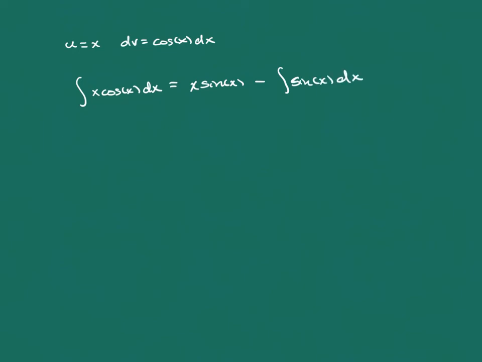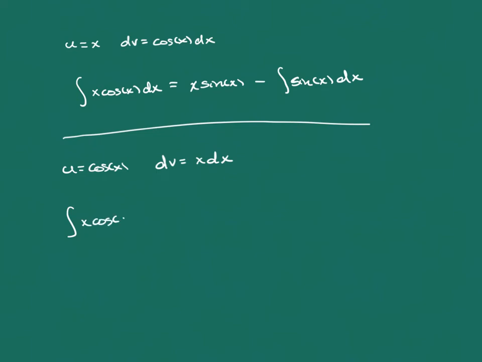If we made our choice of u being cosine of x and dv being x dx, what that gave us was x cosine of x dx equal to 1/2 x squared cosine of x, or rather plus, our integral of 1/2 x squared sine of x dx.